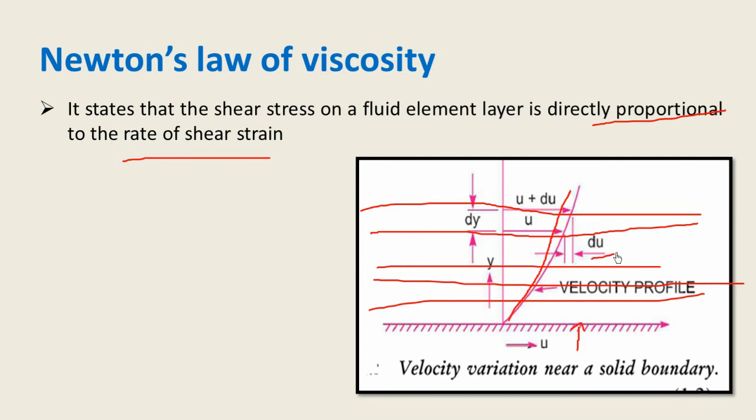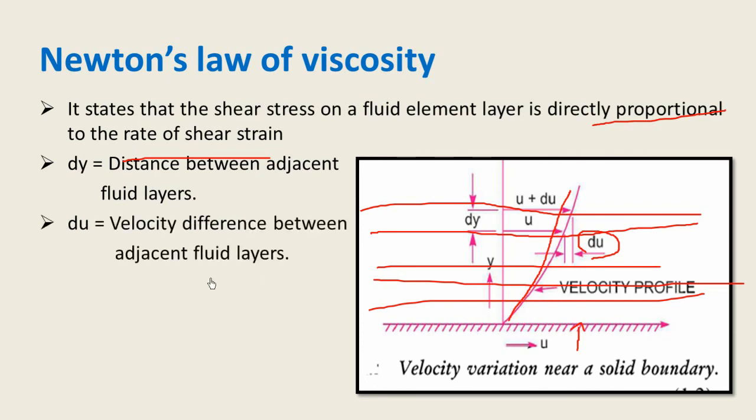Here du is the velocity difference between these two layers, and dy is the distance between these two layers. So dy is the distance between adjacent fluid layers, and du is the velocity difference between the adjacent fluid layers. Newton's law of viscosity states that the shear stress produced between these two layers is directly proportional to the rate of shear strain, du by dy, where du is the velocity difference and dy is the distance between two layers.